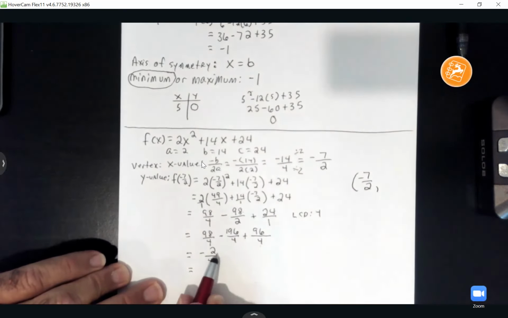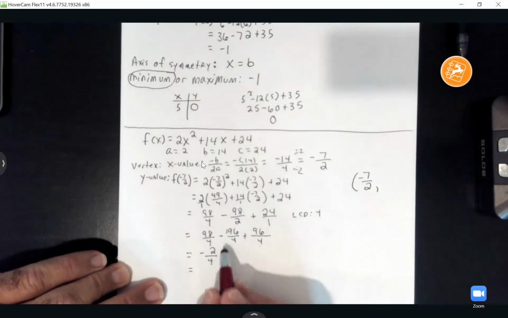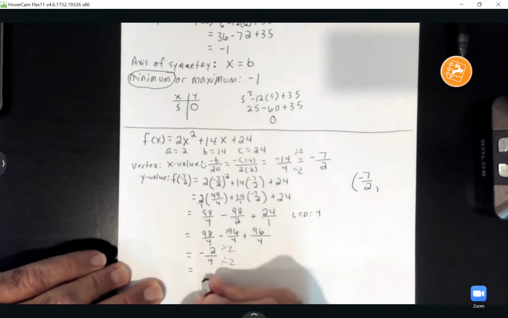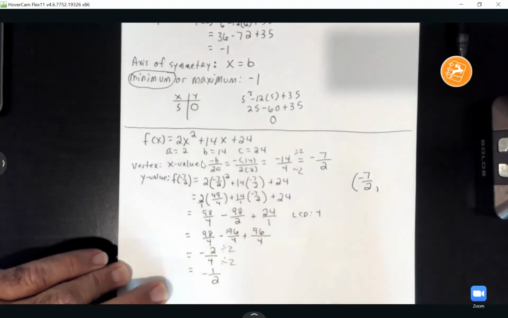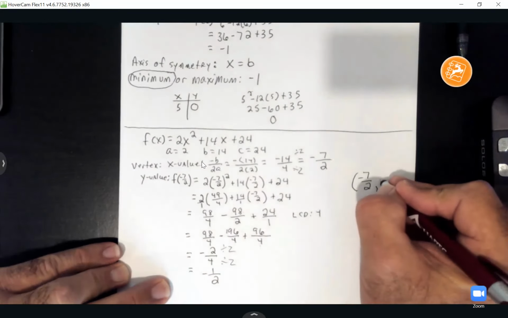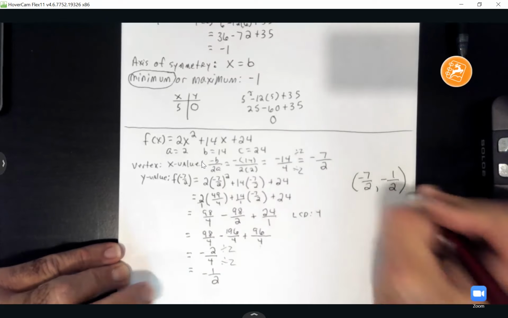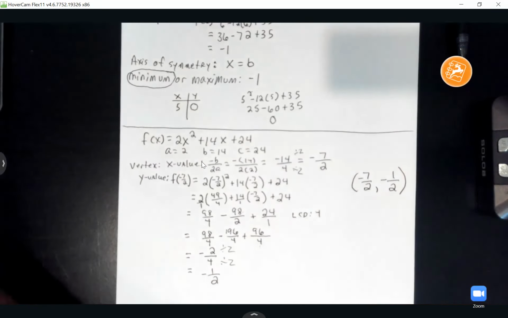And y'all guess what? That negative 2 over 4, if you divide both of them by 2, gives me a negative 1/2. So our y value is a negative 1/2.